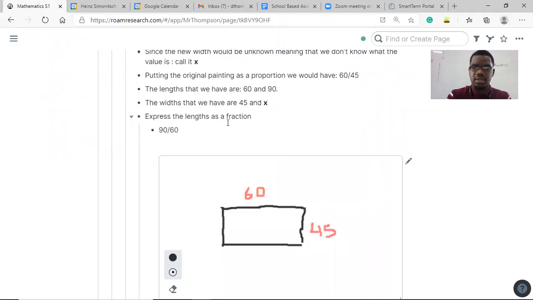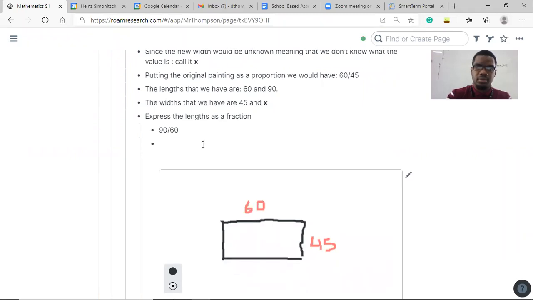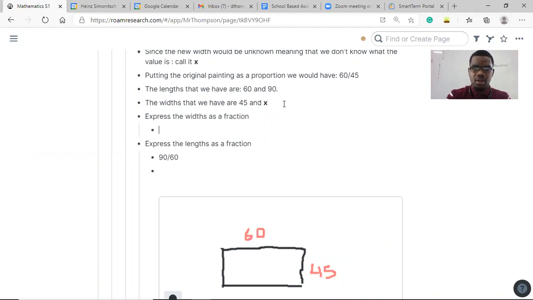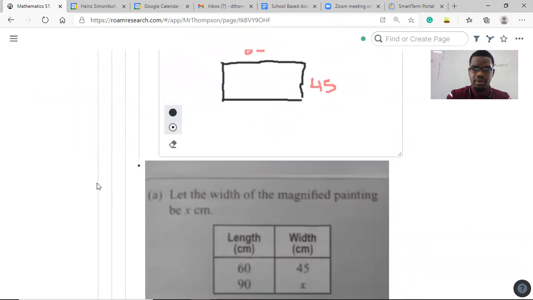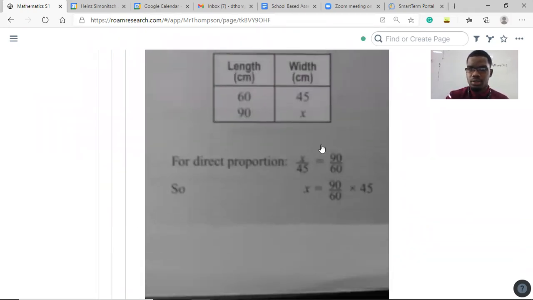And then now, as you can tell, we're gonna express the width as a fraction. And what do you think we're gonna get? The unknown divided by 45. Okay, is that what we have here? Great, that is what we have.